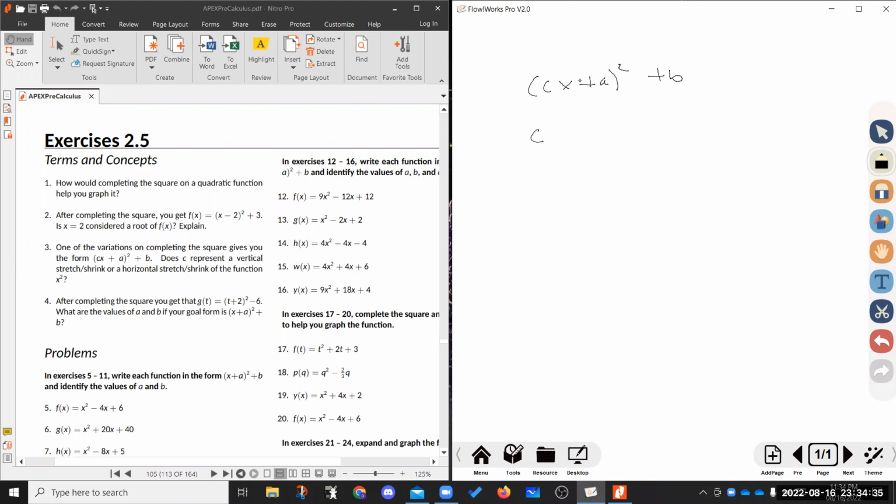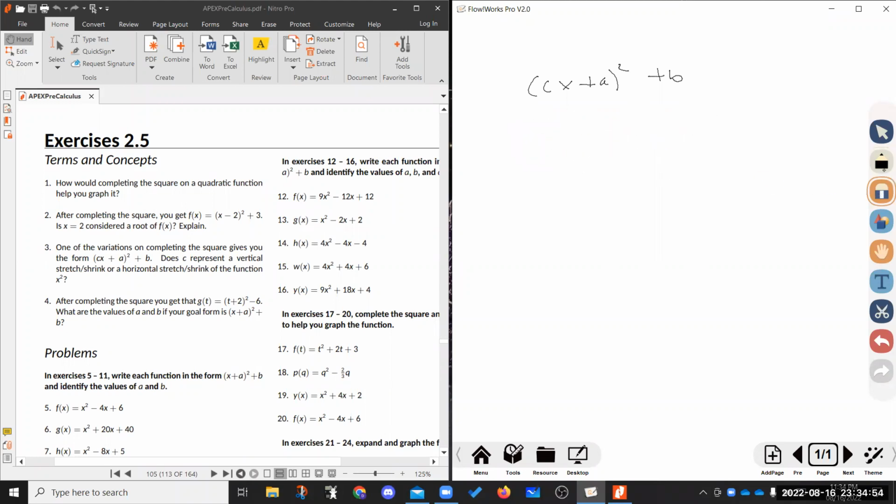So if we pull c out, it's c squared times x plus a over c, like that, plus b. You can see that c had something to do with the horizontal here because it's still in there with x, but you have a vertical stretch of c squared here.